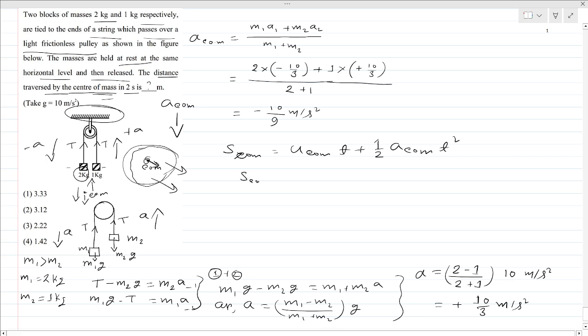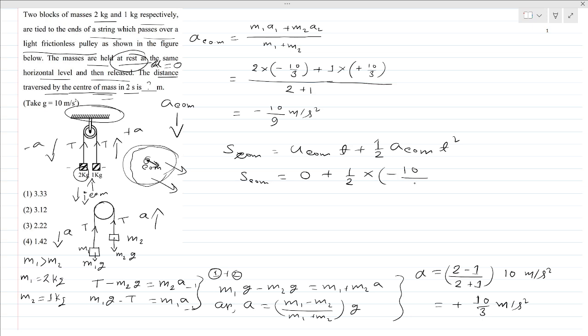So S_CM equals, initially the masses are at rest, so the initial velocity of the center of mass is 0, because it depends on the velocities of the individual particles. Then 0 plus half a_CM t square. If we write minus, it shows the downward direction. You can also write plus, but then you need to mention that it is in the downward direction.